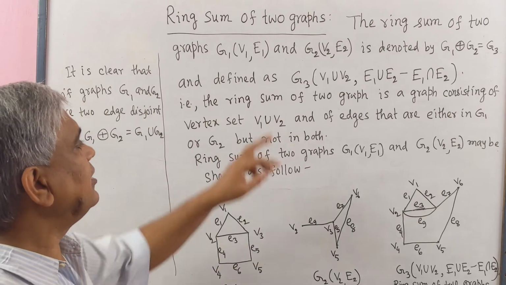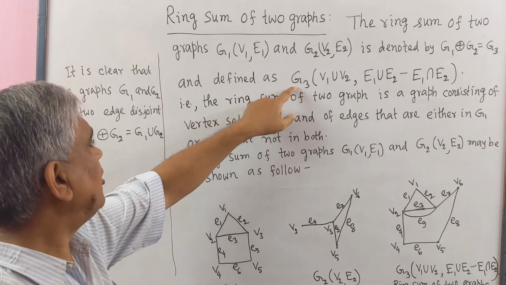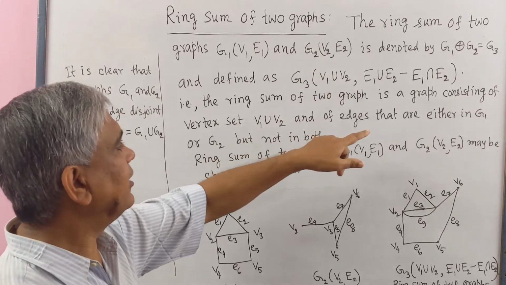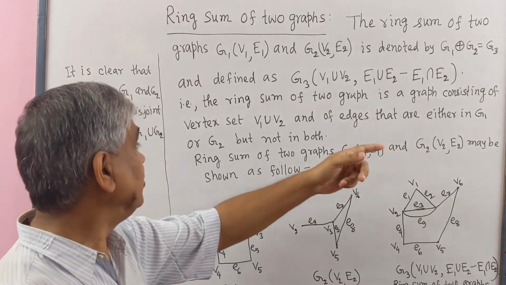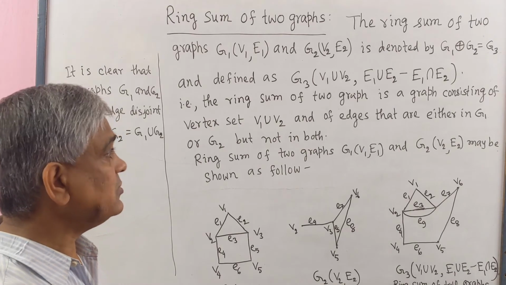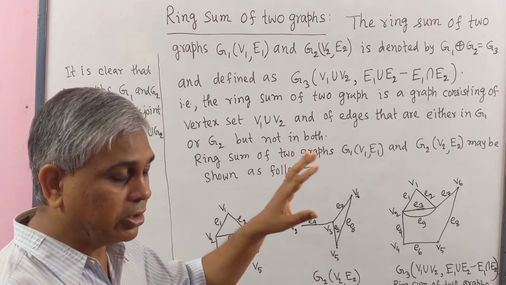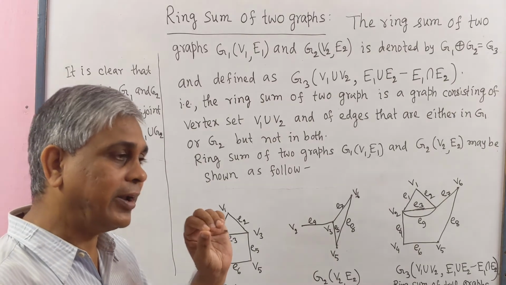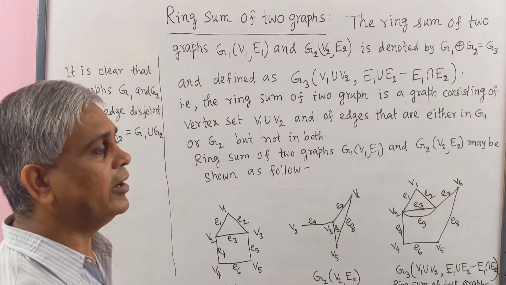That is, the ring sum of two graphs is a graph consisting of vertex set V1 union V2 and edges that are either in G1 or G2 but not in both. Means we take union of E1 and E2, but we do not take the common edge of E1 and E2.